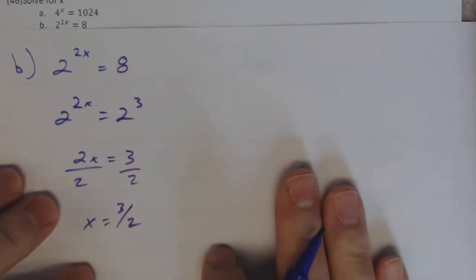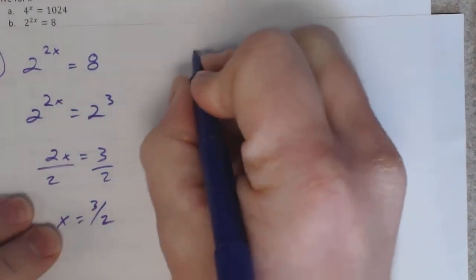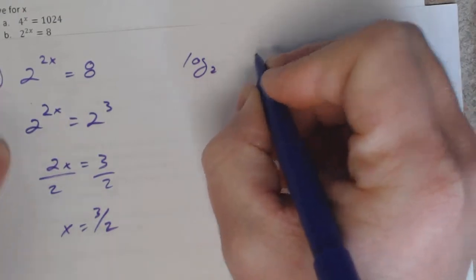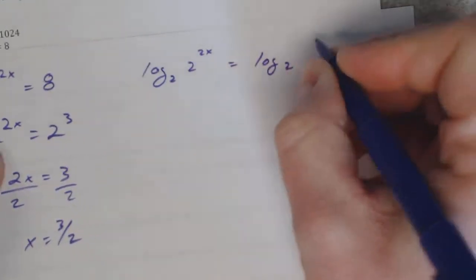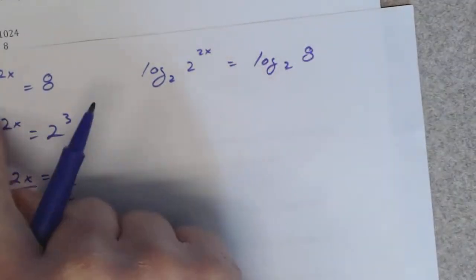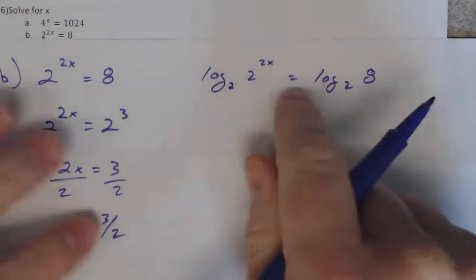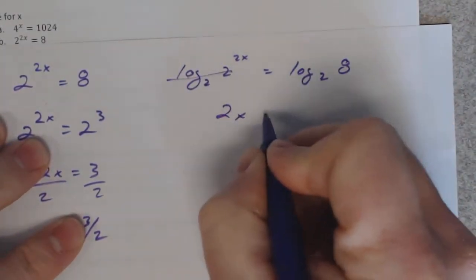Okay, now, a second ago, if I rewrote this as a logarithm, I'm going to take a logarithm of the left side, take a logarithm of the right side. I'm going to do logarithm of both sides. And if it's a base and this base is the same, it essentially cancels.